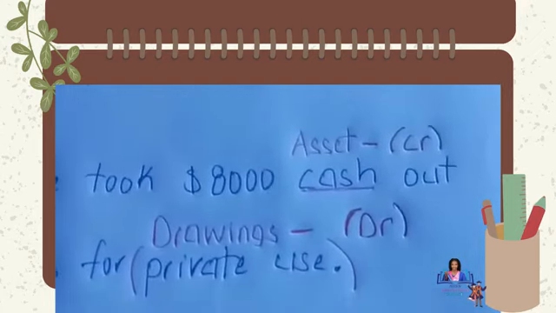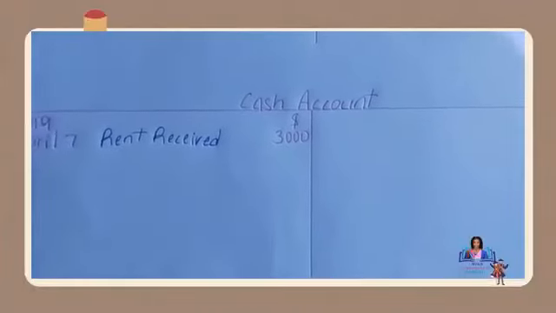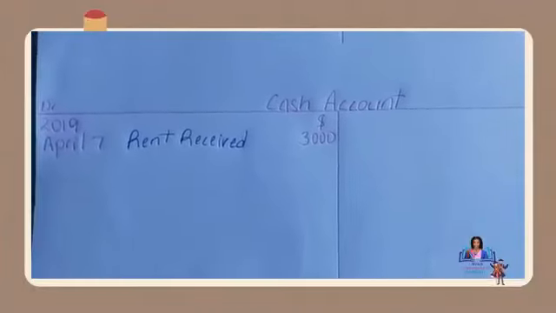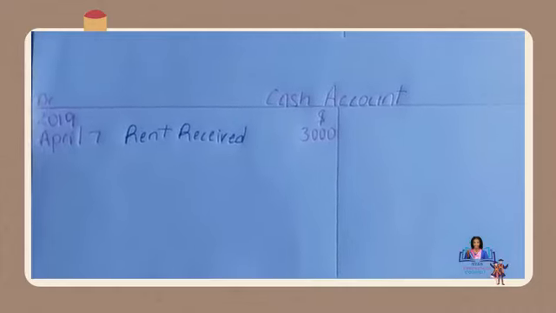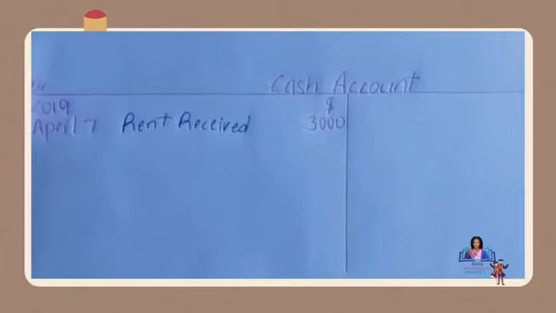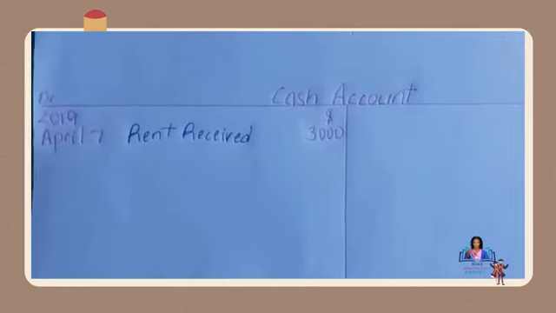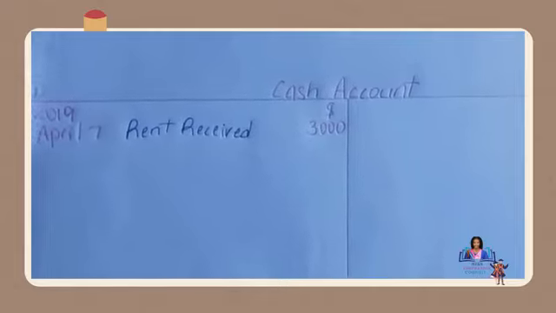So we're going to make a debit entry in the drawings account, and we're going to make a credit entry in the cash account. Considering that we have already drawn up an account for cash, we do not need to go ahead and draw up another one with the same name. So what we need to do is come under the same cash account and just make the entry. So we only need to draw up one T account, and that would be for drawings.